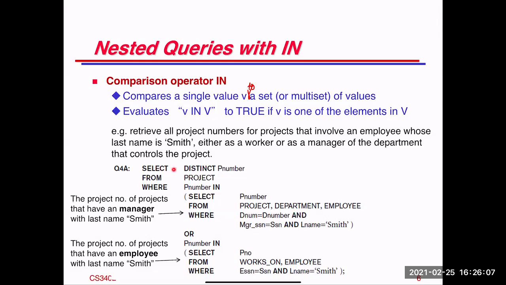Here we have a select distinct statement, which eliminates the duplicates, and we're selecting the project number from the project table, but restricting the project number to be in the result set of the first query, or to be in the result set of the second query.